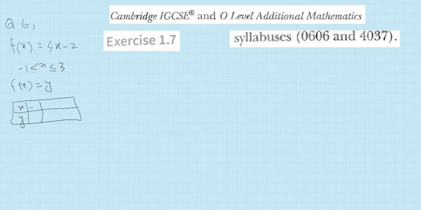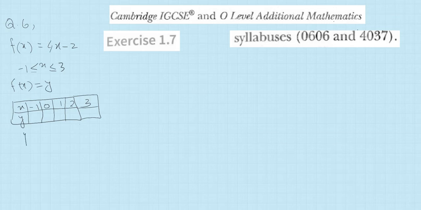So first value is minus 1, and after minus 1 we will get 0, and after 0 we will get 1, then 2, then 3. Now we have to put the values of x in the given function.